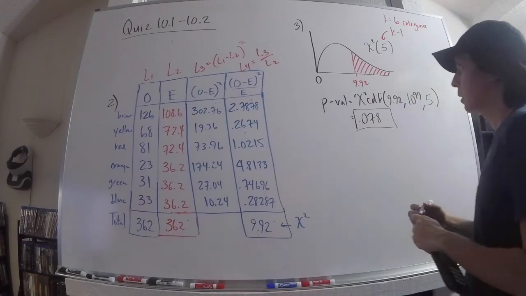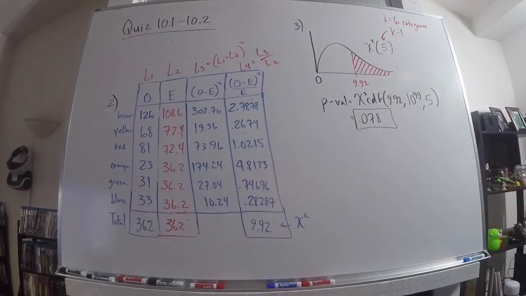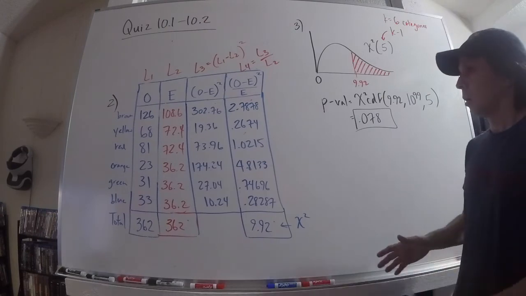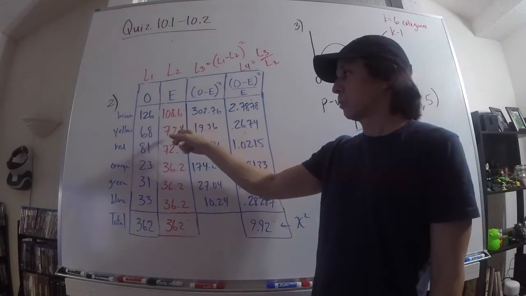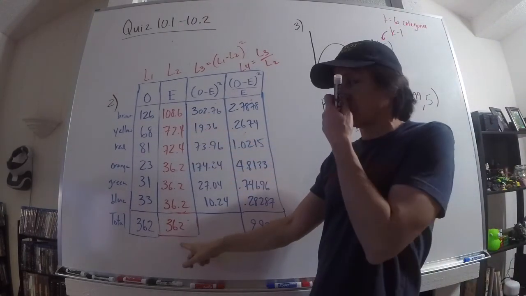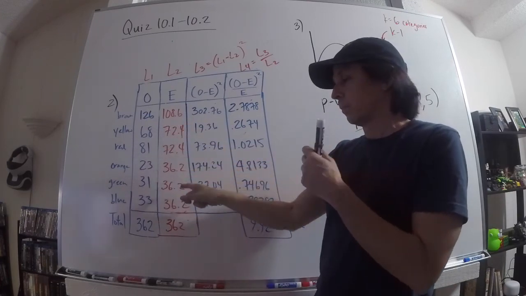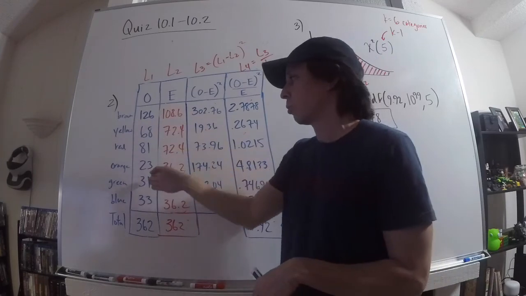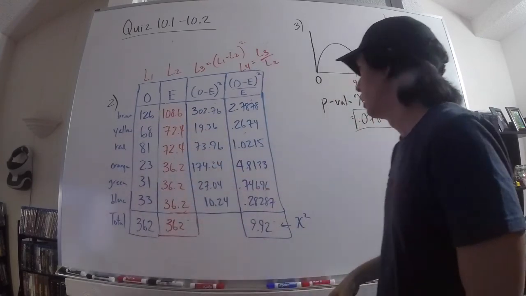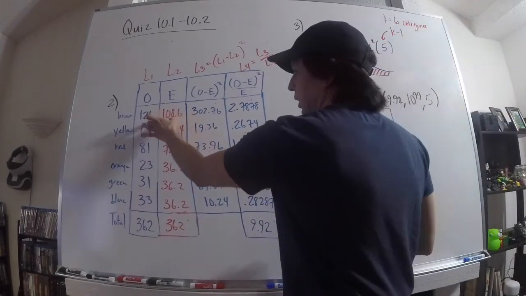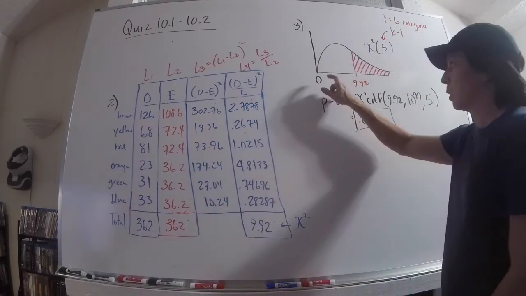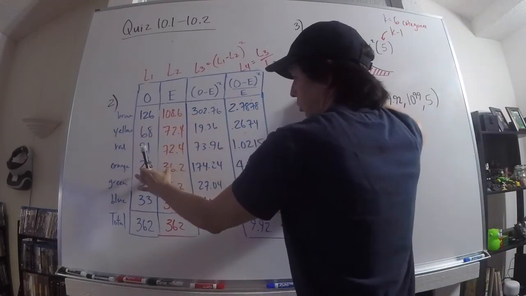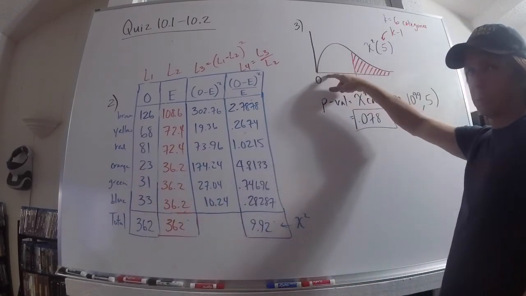7.8% probability that you would get things just this far out of whack by random chance. So again, to illustrate, this is the expected breakdown for a sample of 362. Then you actually grab a handful of 362 M&Ms and you get these frequencies. If they're dead on, exactly what you expect, you get a chi-square of 0. If they're very close to each other, you get a chi-square that's a little bit positive.